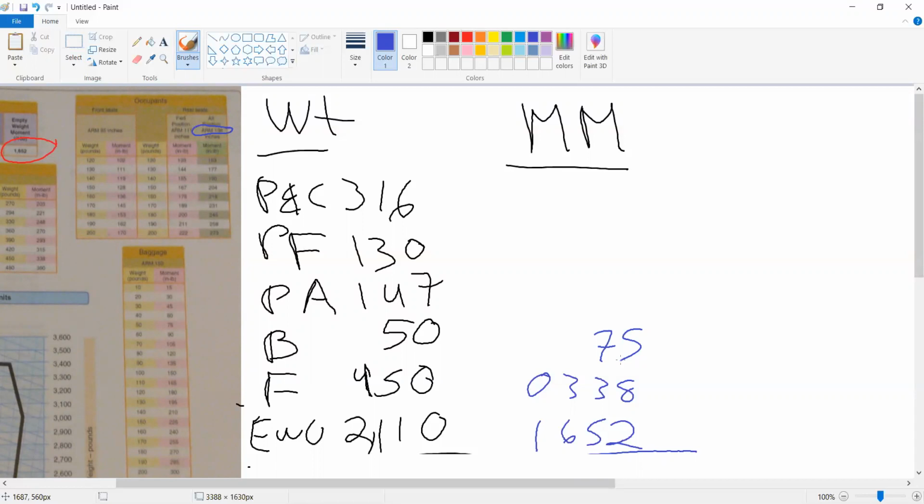Let's see here what it says. So 150, excuse me, I'm looking at the wrong number. Passengers aft. We have 147. Okay, great. And we have 147 and 155.